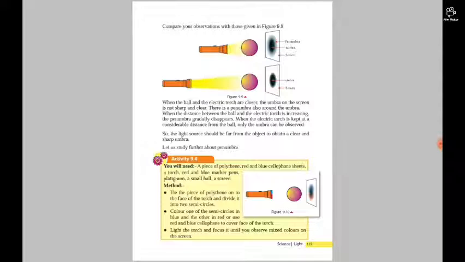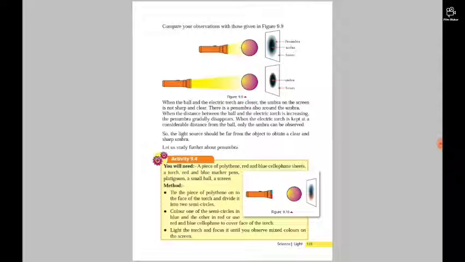So let us study further about penumbra. Today I am not going to do this part, but I will summarize it. So that means today we did how umbra forms and how penumbra forms. So in here you can see penumbra and umbra.